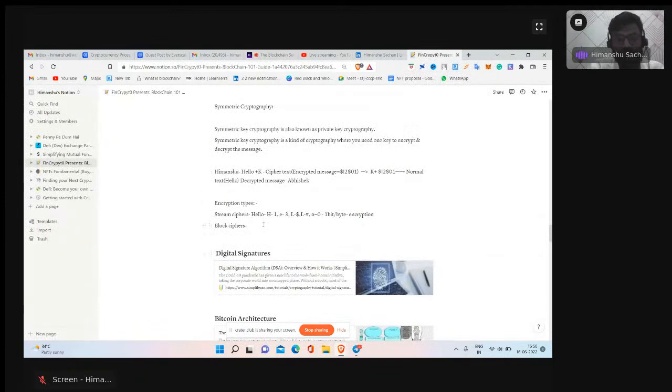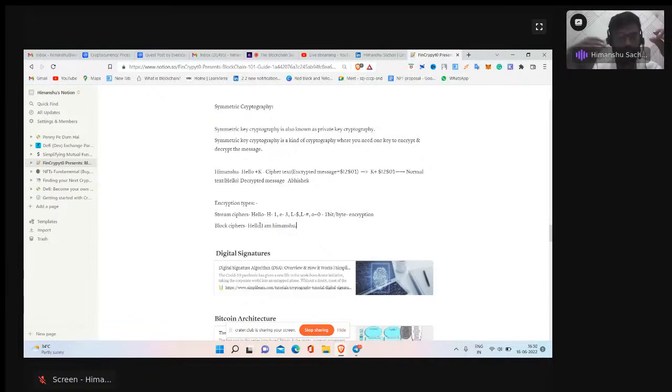But when we say block cipher, the complete message will be distributed in blocks and the block will be encrypted. Let's say you have written a message, hello, I am Himanshu. In block cipher it will be converted into block segments.